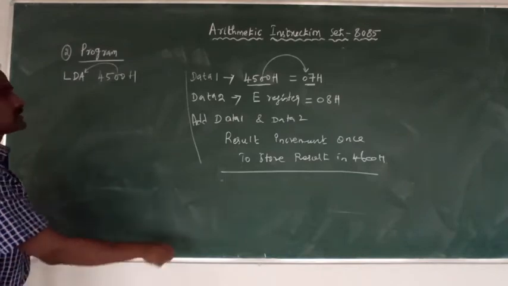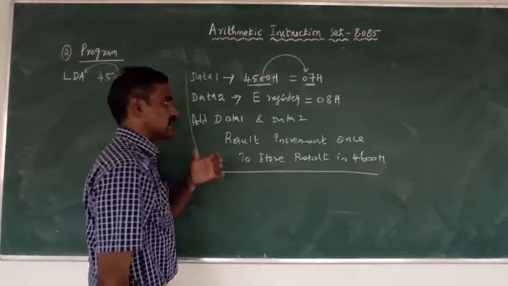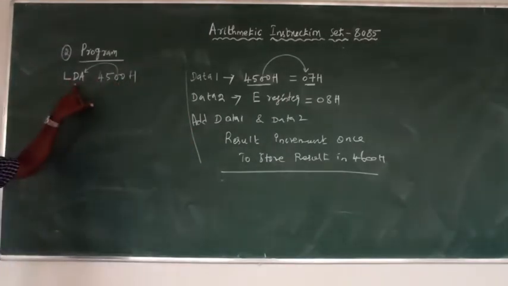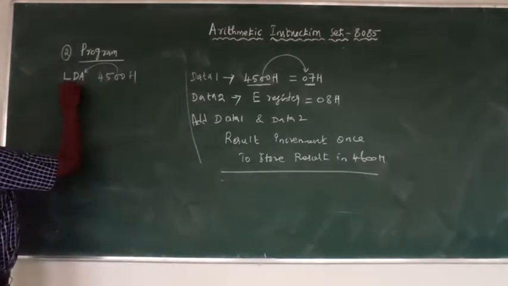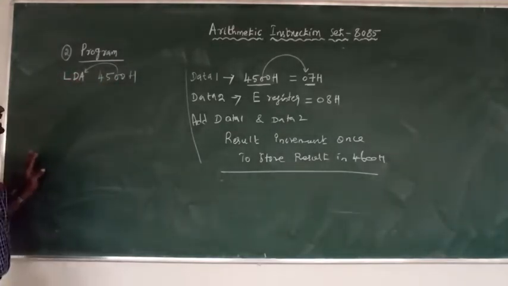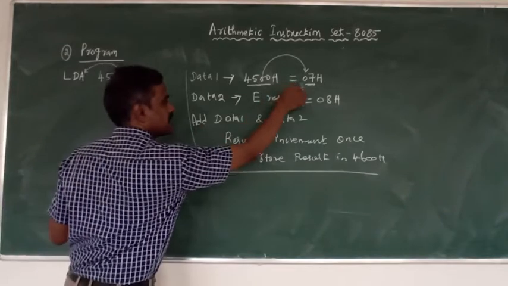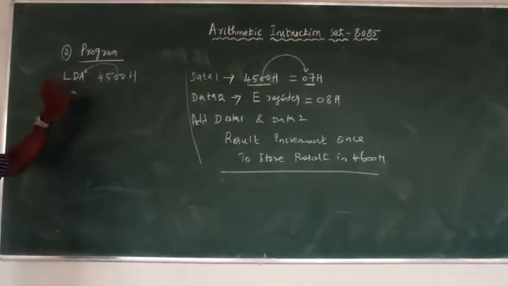Okay. In the 4500 address location, the 07 data will be available. Now that 07 data we have to initialize. Since only single data is available, we can use the LDA instruction.